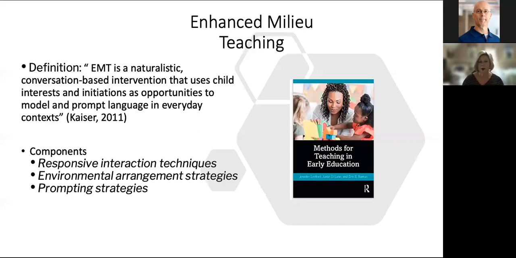The second component of enhanced milieu teaching is that we arrange the environment in such a way that we create an opportunity for the child to communicate. There are 3 different types of environmental arrangement strategies that we can use. The first one is access, which is limiting a child's access.